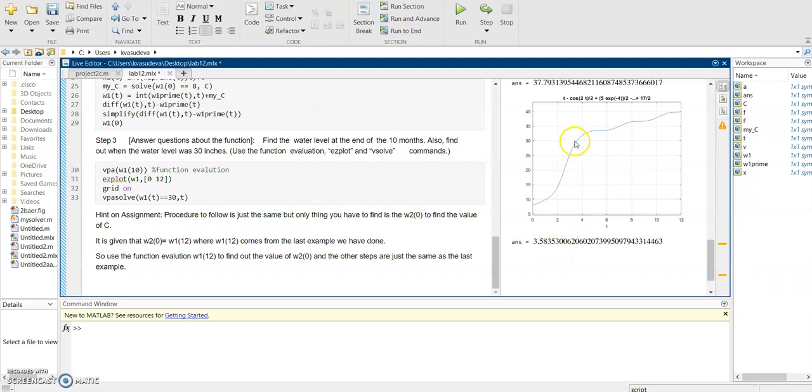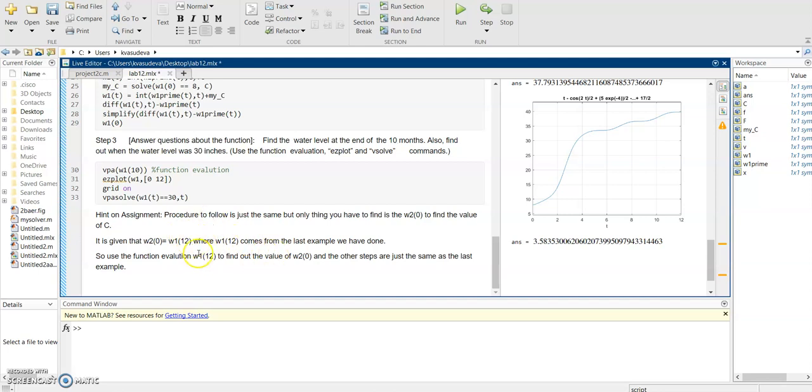So this is the water level in inches, and that's the time from 0 to 12 in months. So that point is somewhere around 3.5835.